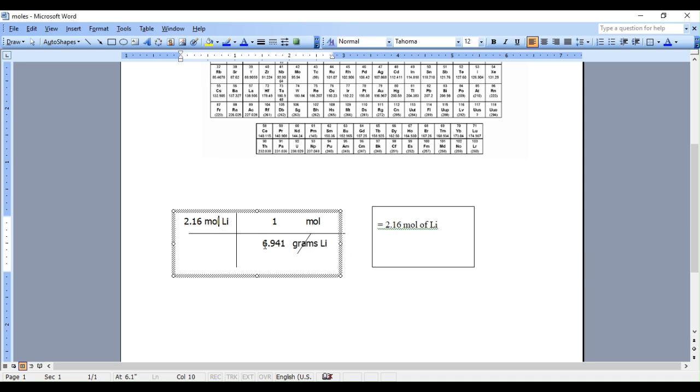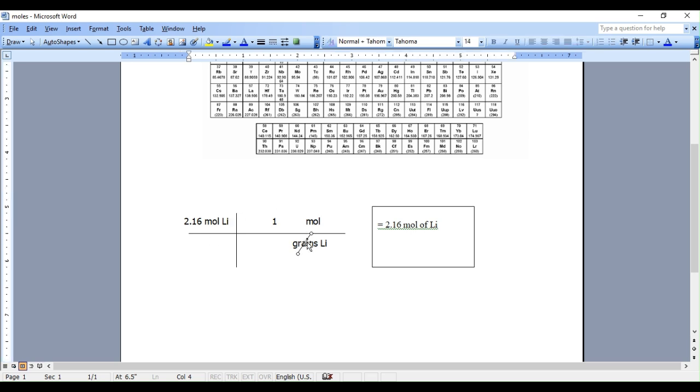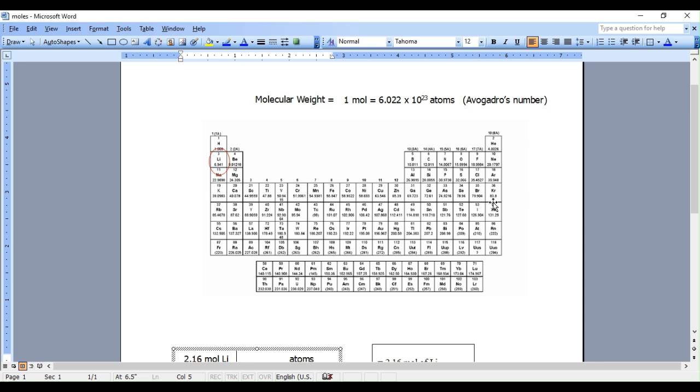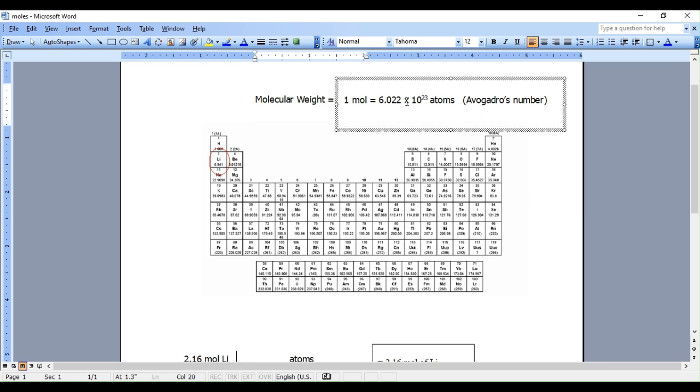Now down here, I have to go from moles to the number of atoms. What's the conversion? Well, I know that 1 mole is 6.02 times 10 to the 23rd. I'm just going to copy that number.